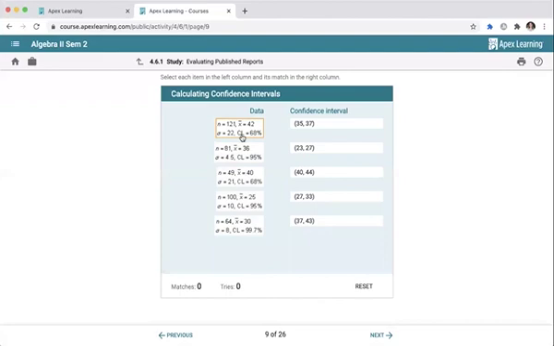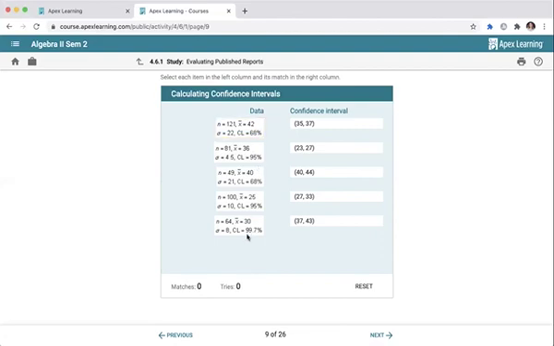CL is your confidence level, which tells you whether you are 1, 2, or 3 standard deviations away: 68 is 1, 95 is 2, 99.7 is 3. And sigma is your standard deviation.